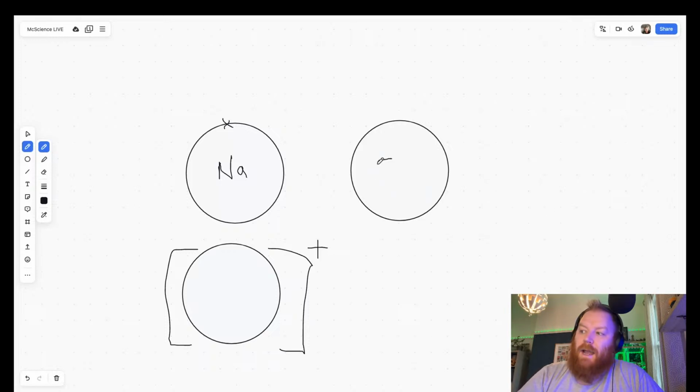So if I then had the element chlorine, chlorine is in group 7, so therefore it has 7 electrons in its outer shell. And like the noble gases, it wants to have a full outer shell. And by it gaining one single electron, it would then have a full 8 electrons.